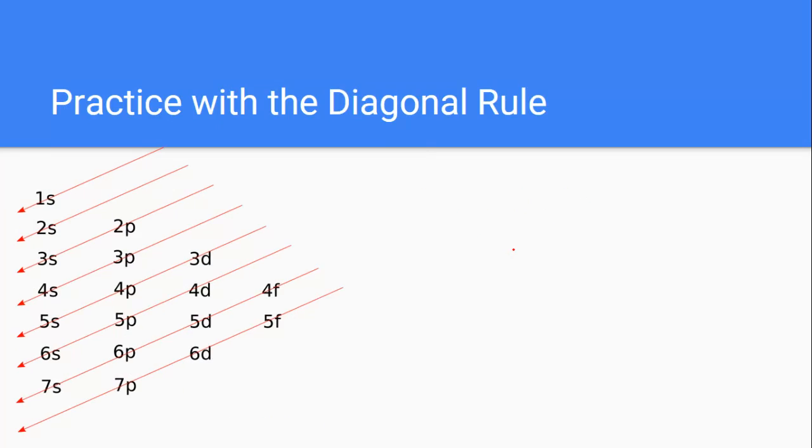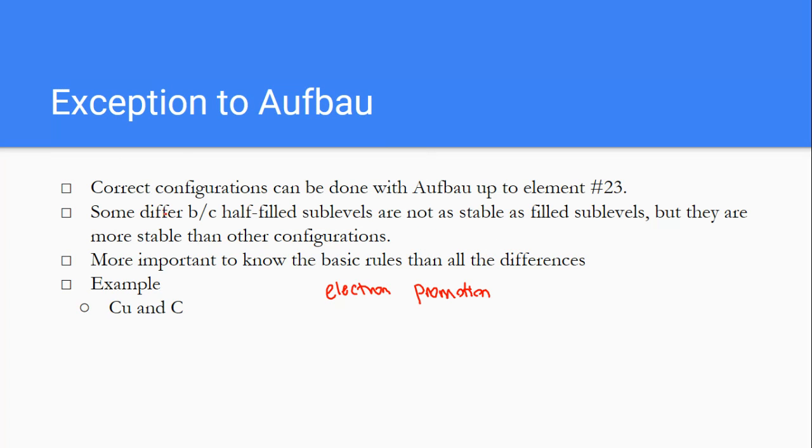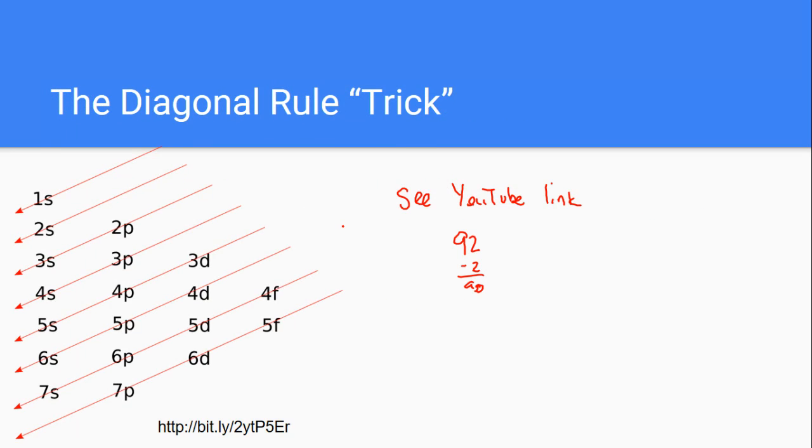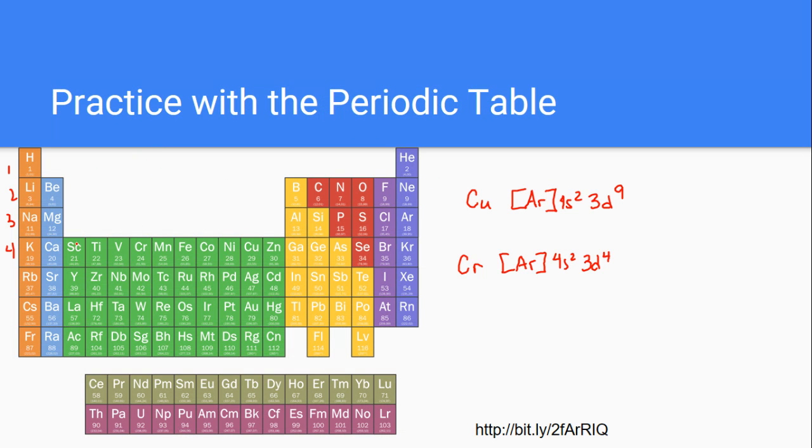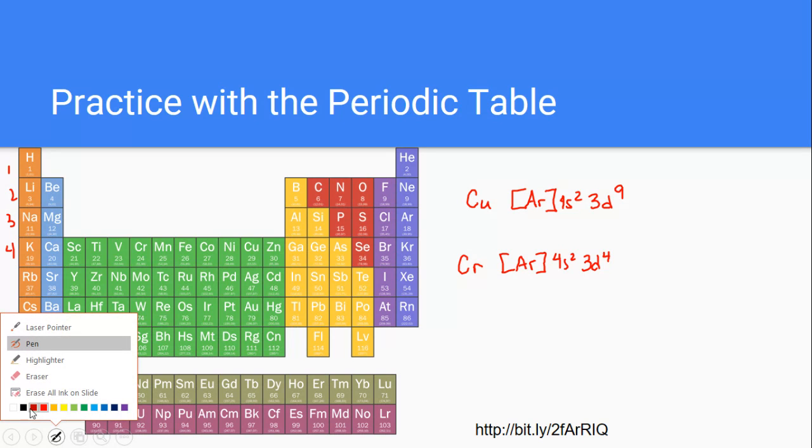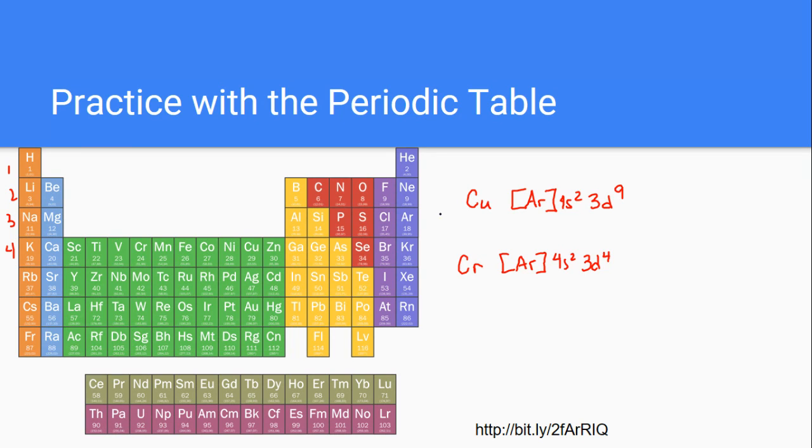And so what it said over here, if I go back, is that some of these are more stable if they have like a half-filled sublevel. Well, half of 10 is 5, and this is really close to 5. And if this one had just one more, it would have a full sublevel. And since this is called electron promotion, maybe you're able to figure it out ahead of what I'm going to do.